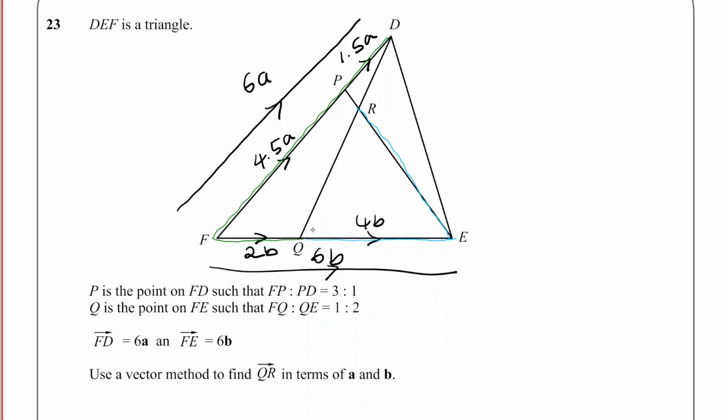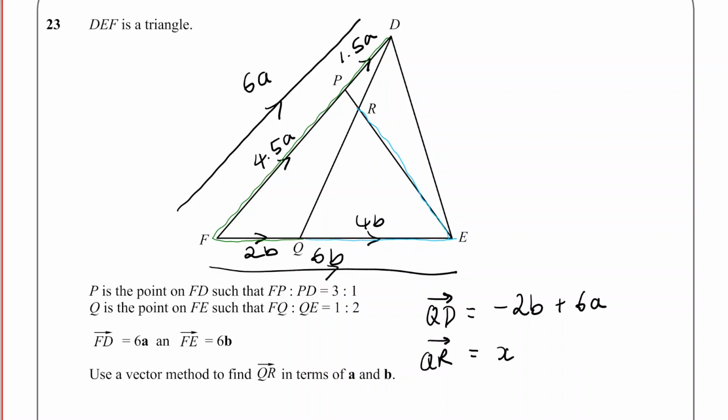So let's go from Q to D first. That seems quite easy. From Q to D, we're going to go minus 2B and then 6A. So QR is just some fraction of this.